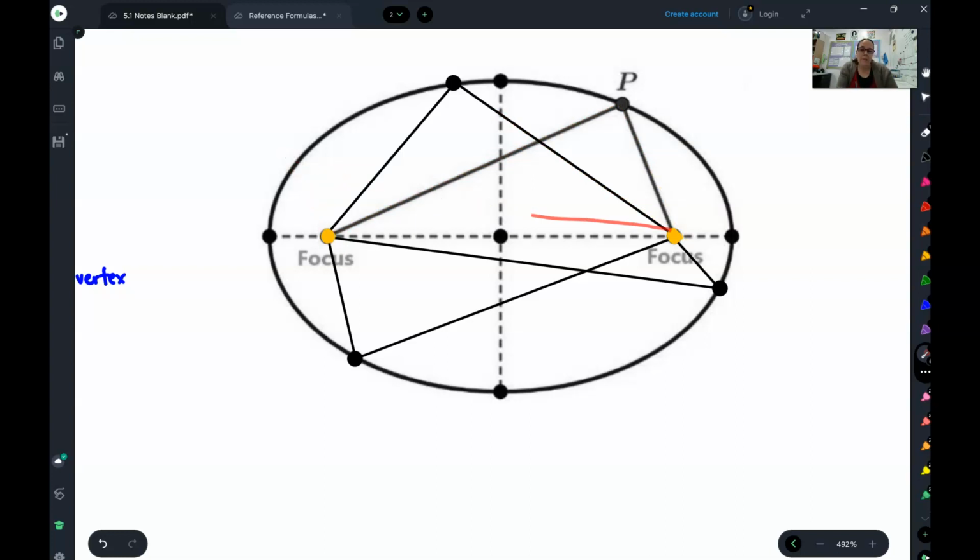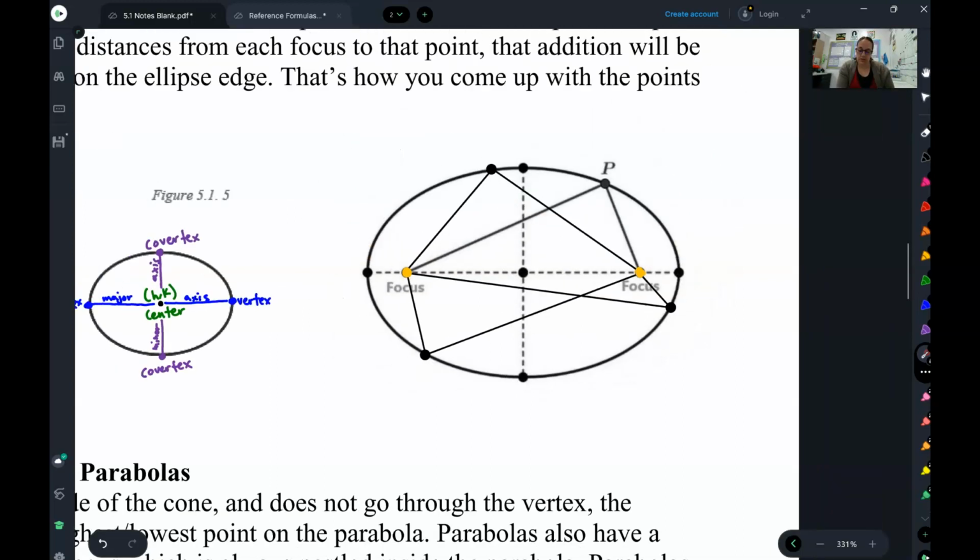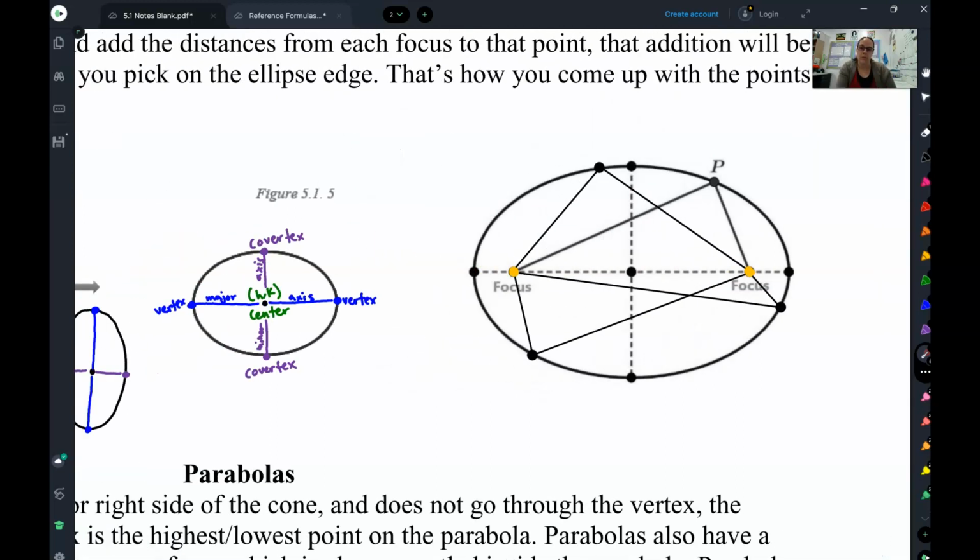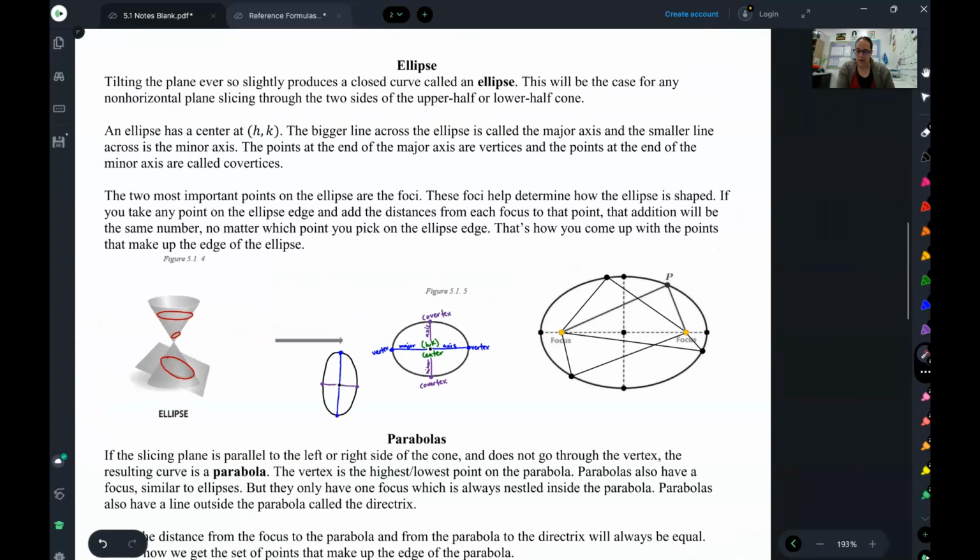You can pick any point on the ellipse, and if you add the distances to the foci, you're going to get the same number. And that's why the foci are important. They help us get those numbers and make sure the ellipse is rounded the way it's supposed to be.